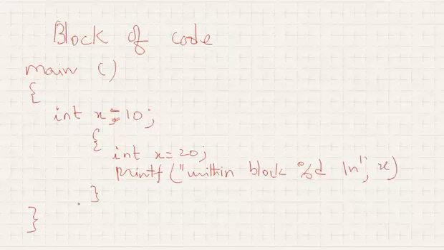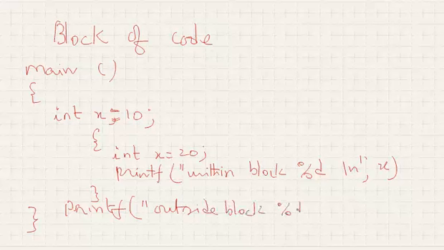And here you print again, printf outside block. You print the same %d x. Okay. Now what happens is this block is not really a function because it doesn't have a name, right?